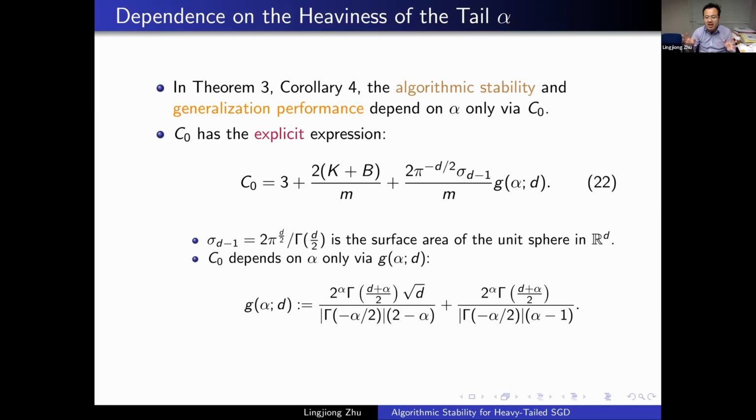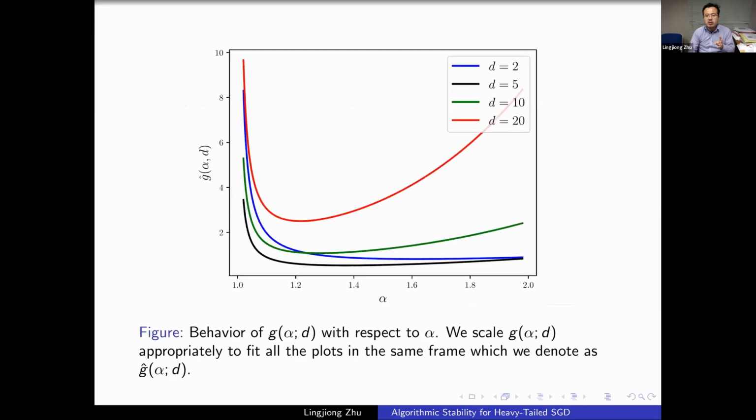That's a fundamental dependence. We made a plot of how it depends on alpha, and the C0 term essentially has a U-shaped dependence on alpha. The U-shape becomes even more obvious when you increase the dimension.